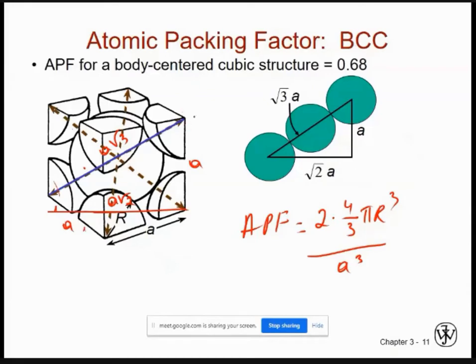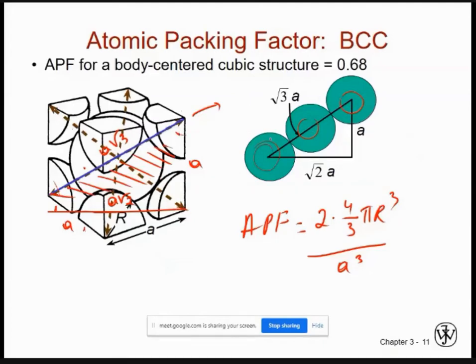Let's take this triangle outside over here: side A, side square root 2 A, and this side square root 3 A. And these atoms over here, this is a corner atom, this is the center atom, and this one is this corner atom over here.